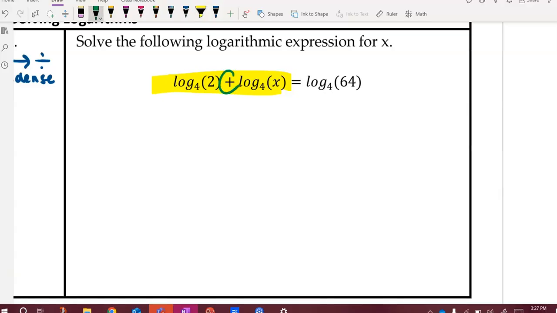Well, in between we have addition. And on the last page we said addition expands to multiplication. Or sorry, I think we said that backwards. We said multiplication expands to addition, but here we need to condense. So we're going to take addition and it's going to condense to multiplication.